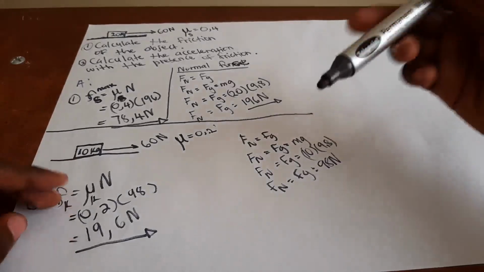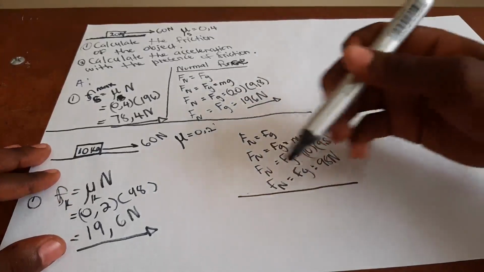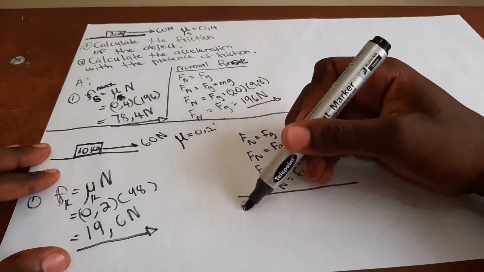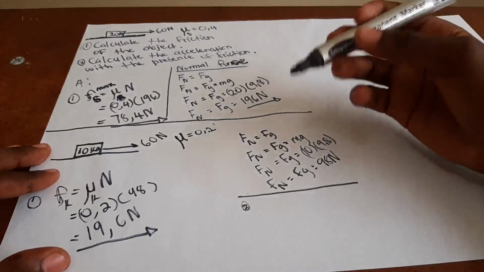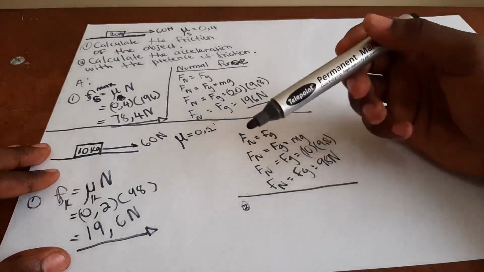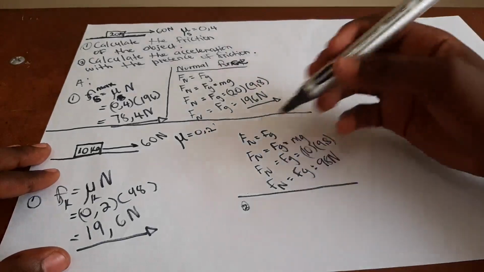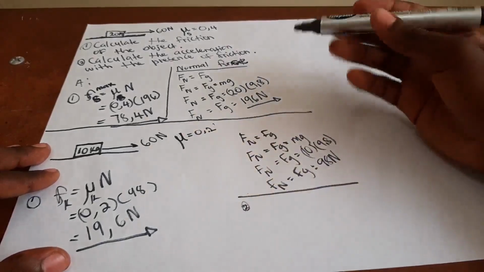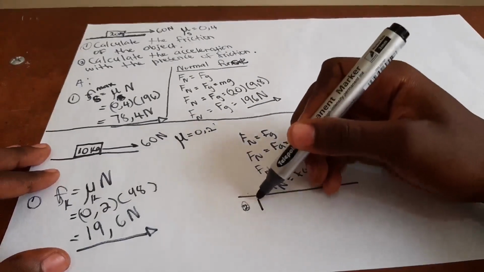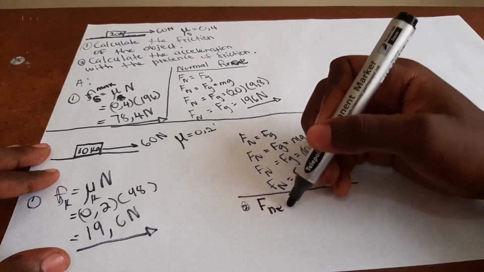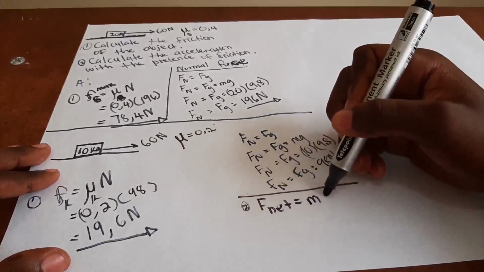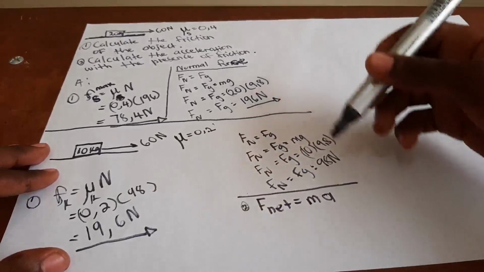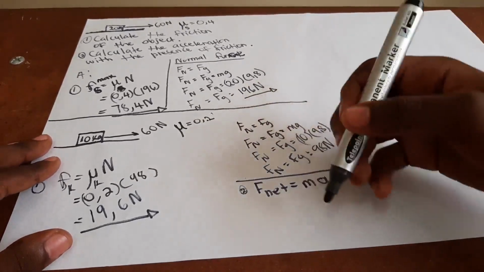Okay, so number two was saying calculate the acceleration with the presence of frictional force. So now we're calculating the acceleration. You know that the net force is equal to ma, mass times acceleration.